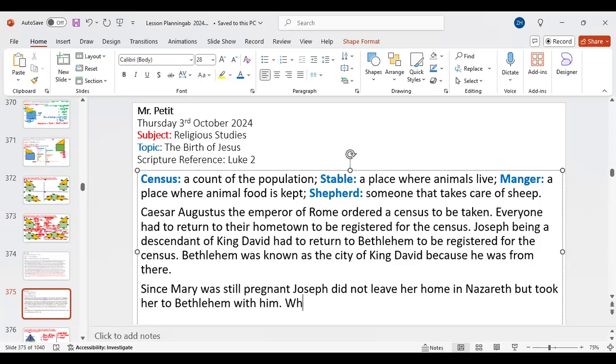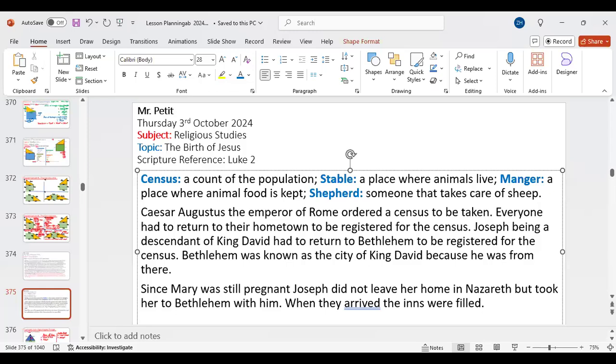When they arrived, the inns were filled. So there was no more room in the inn, right? And so where did Jesus have to be born? In the manger.